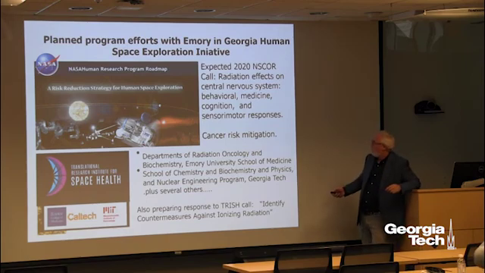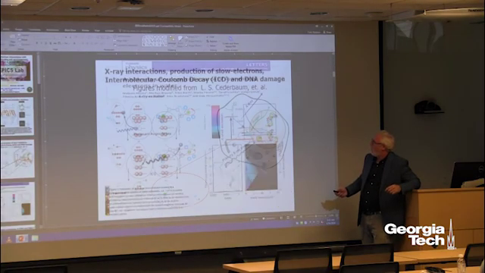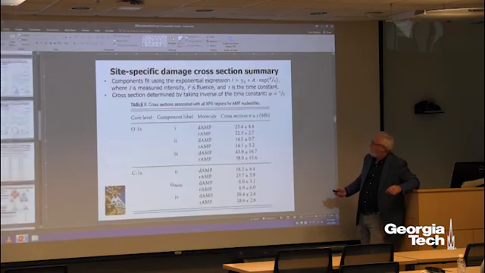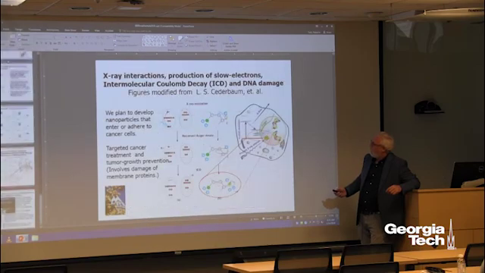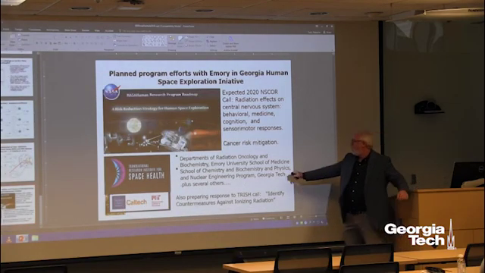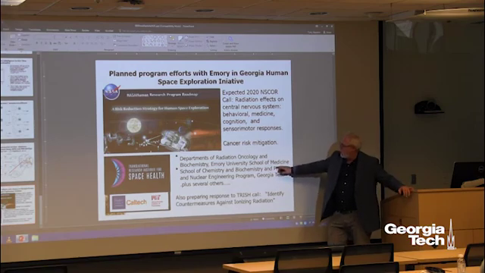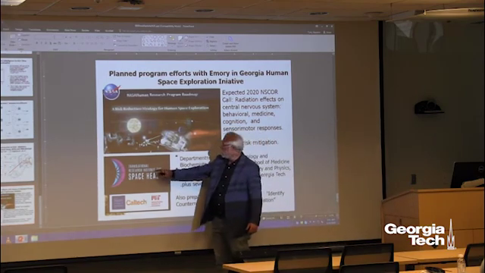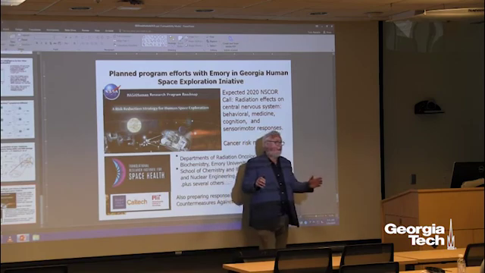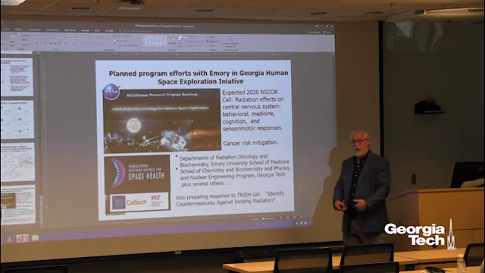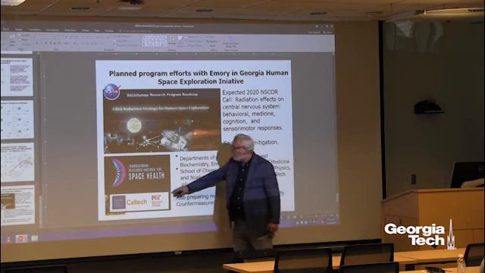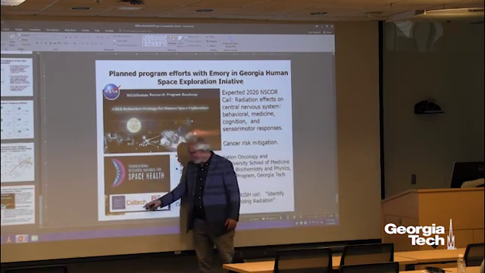I'm working with folks in the radiation oncology division at Emory, getting together a call and a response to this thing called TRISH. TRISH is the Translational Research Institute for Space Health. Georgia Tech wrote a proposal to get this. It didn't come here. It went to Baylor College of Medicine, Caltech, and MIT.